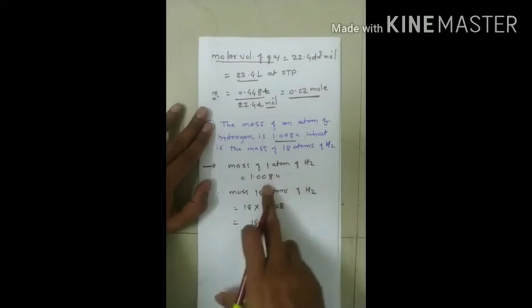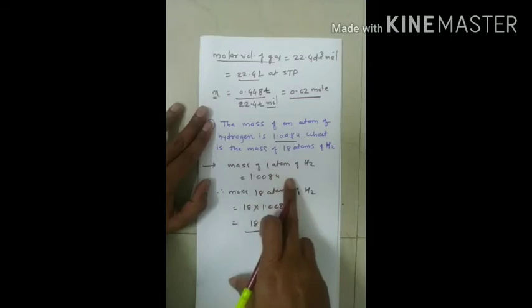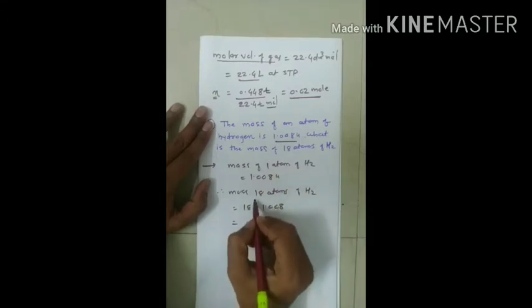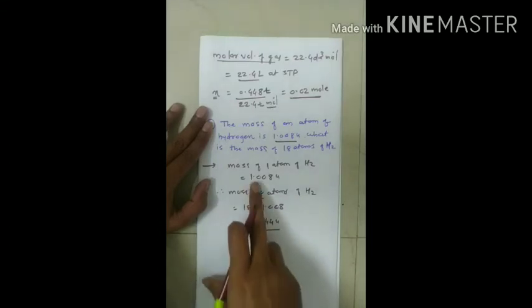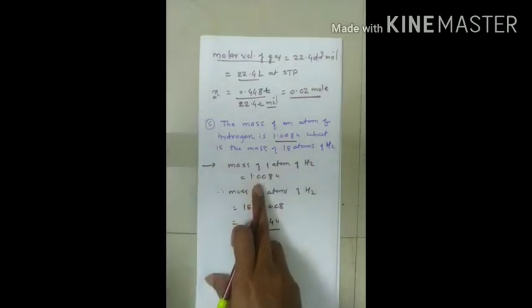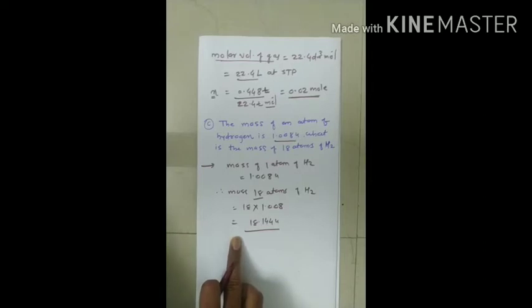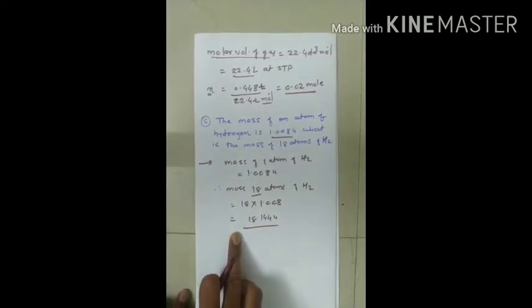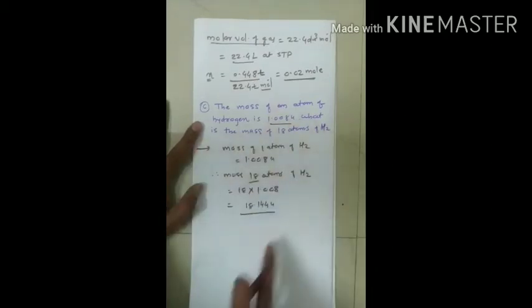For one atom it is 1.008, so for 18 atoms it should be 18 into 1.008. Instead of 18, whatever number is given in your question, you multiply it by the mass of one atom of hydrogen. You will get your answer in a very effective and accurate way. Such types of questions will also be there, very easy to solve, but we must know the basic idea behind them.